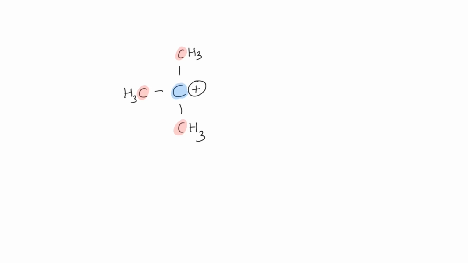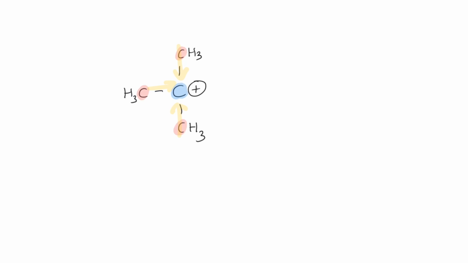Each of these alkyl groups pushes electron density. It's what we call the positive inductive effect. So they're pushing electron density onto this carbon atom, okay? Because they're pushing electrons onto this carbon atom, which is positive, it helps to stabilize the carbocation, okay?